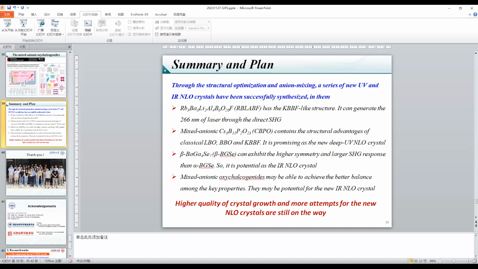It's promising as a deep UV nonlinear optical material. And beta BGSE can exhibit higher symmetry and larger SHG response than alpha BGSE. So it's potential as an infrared nonlinear optical material.